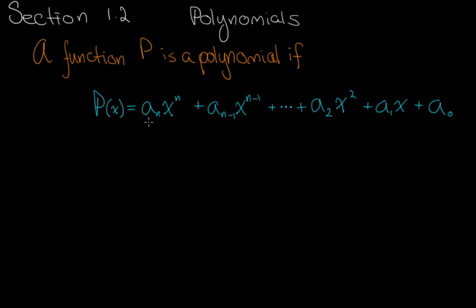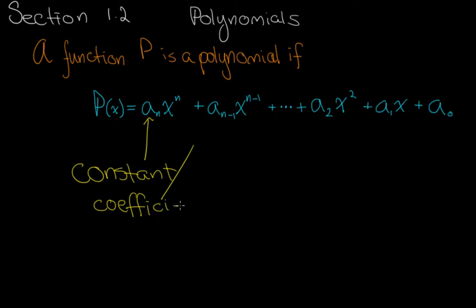When it's next to a variable in a term, it's called a coefficient. So constant slash coefficient. Is it two F's? Yes, it's two F's. And the degree of the polynomial is the highest degree of the variable, in this case n.